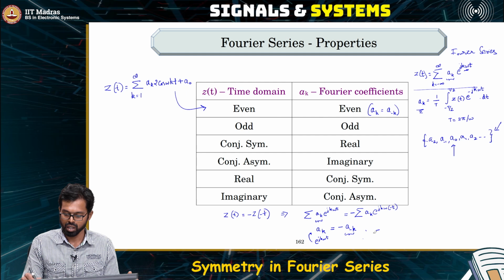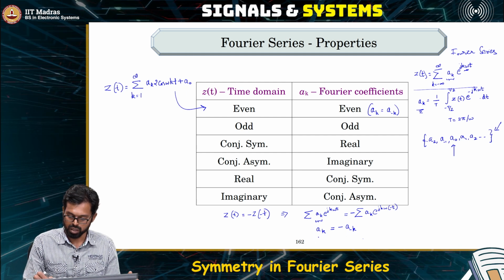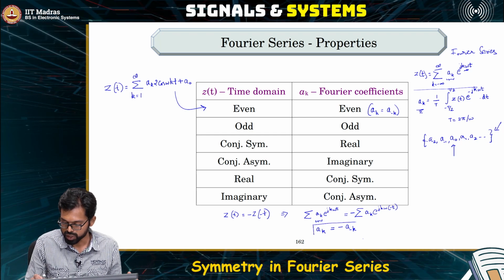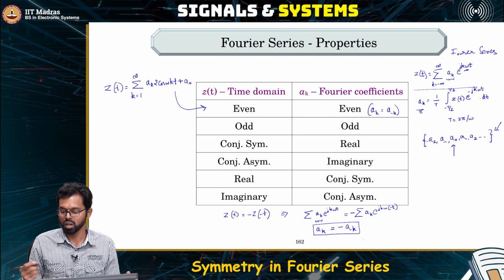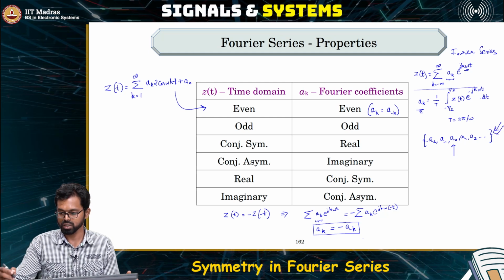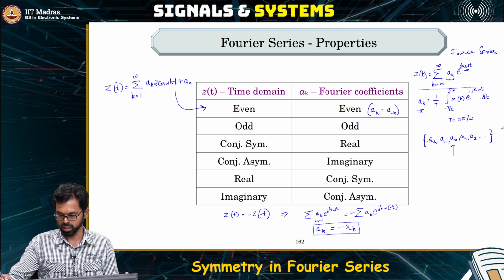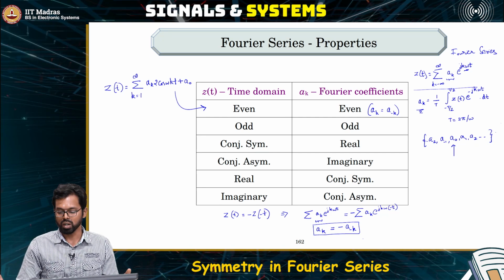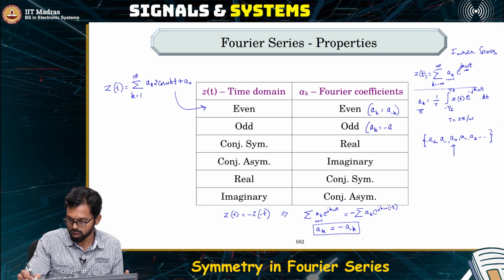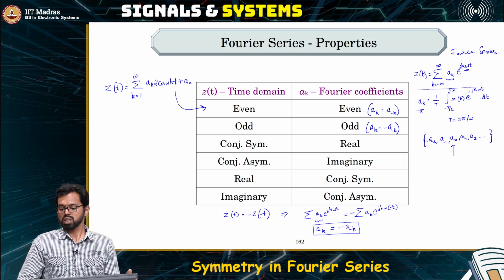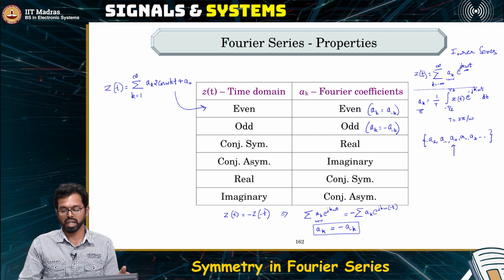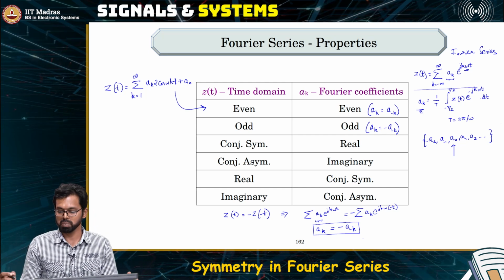So now we get the relationship that whenever z of t is odd, the Fourier series coefficients form a sequence of odd signal. So the Fourier series coefficients, which extend from minus infinity to plus infinity, now form an odd sequence. Okay. Now just like the previous case, how we clubbed all the positive frequency and negative frequency together, we can do the same thing here.